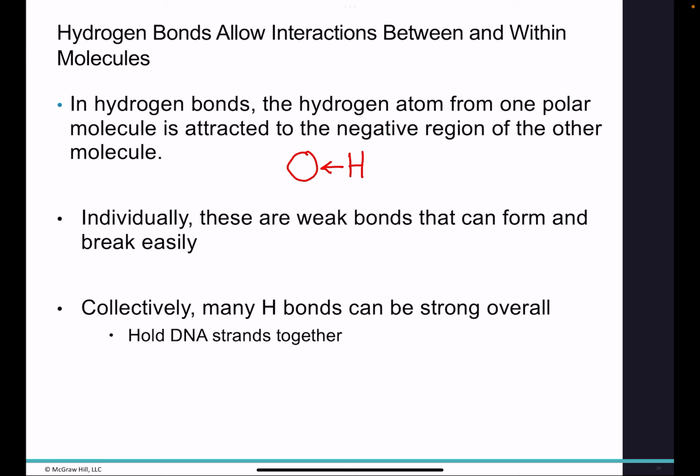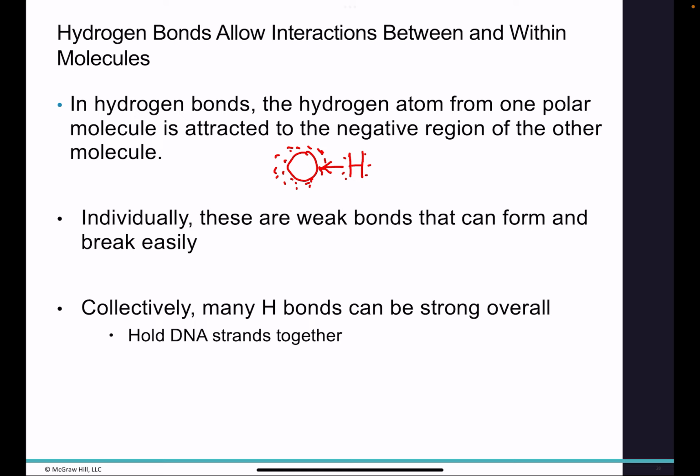So in a polar bond, electrons are going to spend more time around that oxygen than they are the hydrogen. And that's because the electrons in oxygen, or in the bond between oxygen and another atom, are being pulled towards that oxygen atom because it is strongly electronegative.